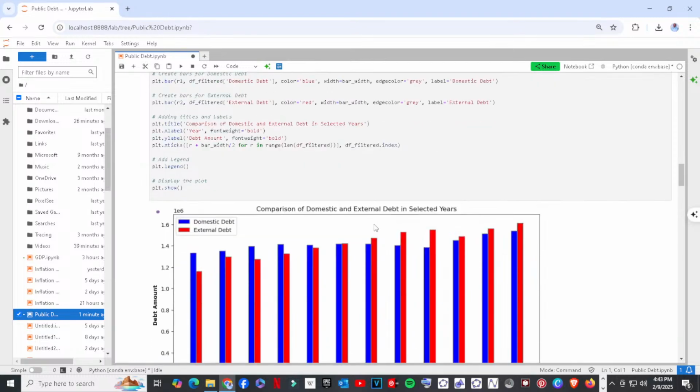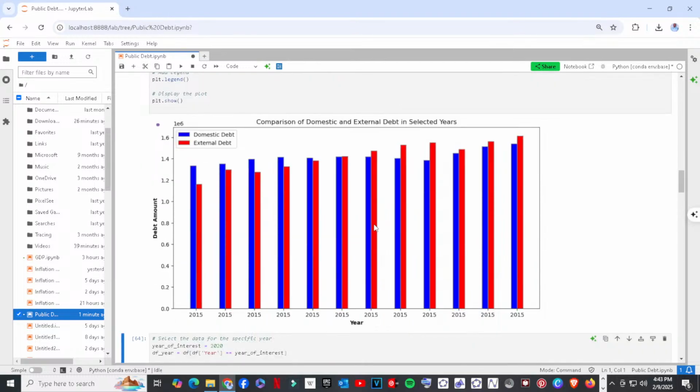Yes, 2015, this is how it was. And in 2015, we see that we are ending the year when external debt has already started growing.